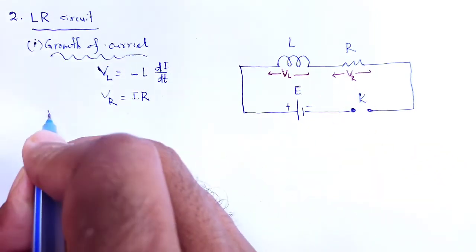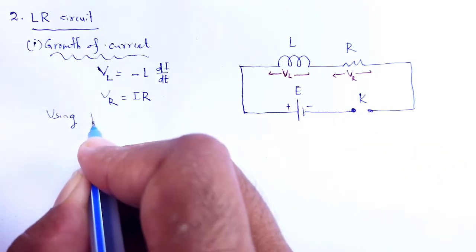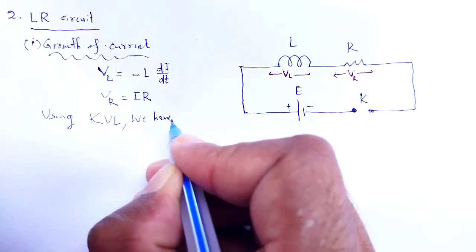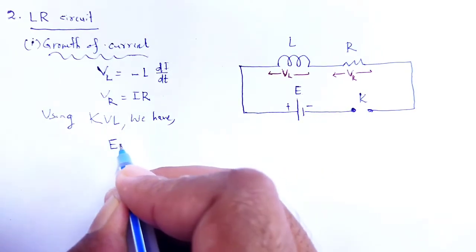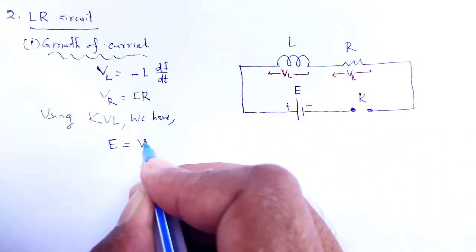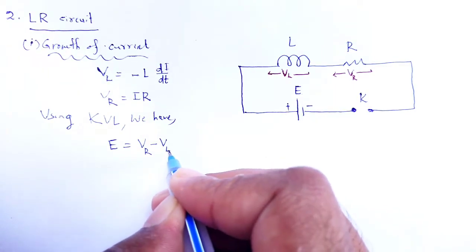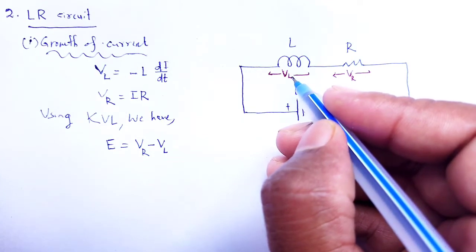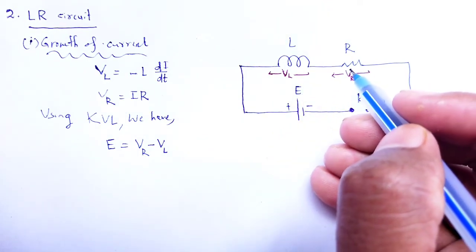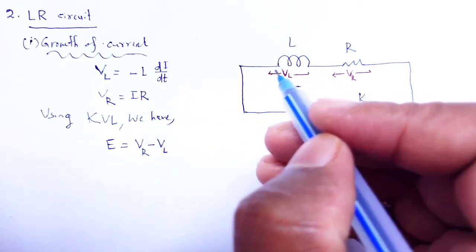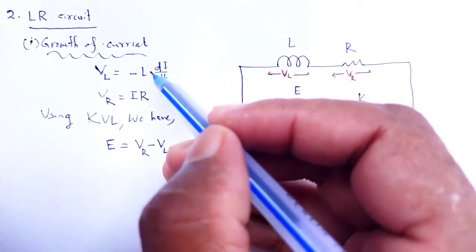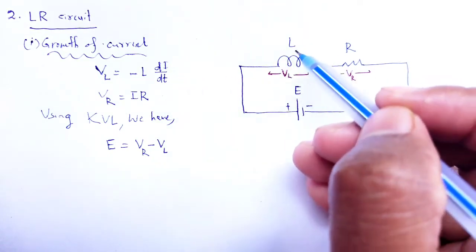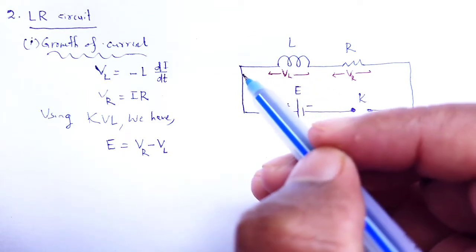So, using KVL, we have E is equal to VR minus VL. This is because the current I increases, di by dt becomes positive, therefore, VL is negative according to Lenz's law.